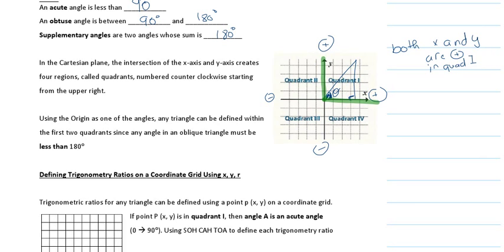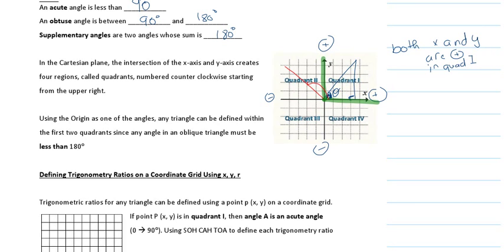Now, how about in quadrant 2? If I draw a triangle in quadrant 2, where did I say we always measure our angle from? From the x-axis. From the positive x-axis. We always measure our angle from the positive x-axis to the terminal arm.